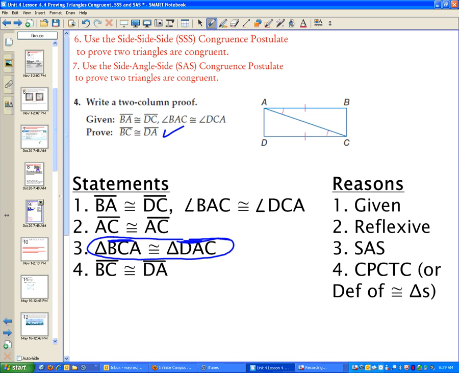Either reason is perfectly acceptable. They mean the exact same thing. Okay? So either write CPCTC, which is the book's favorite, or write definition of congruent triangles, which is really my preference, but I think I'm in the minority there. The books all tend to go with CPCTC. So either way. Okay? Questions? We good?